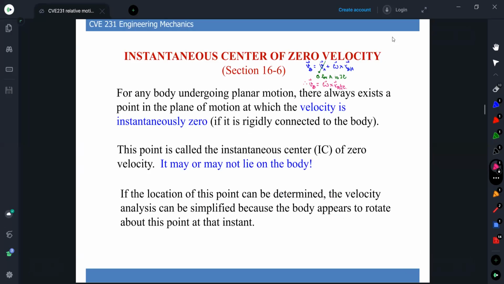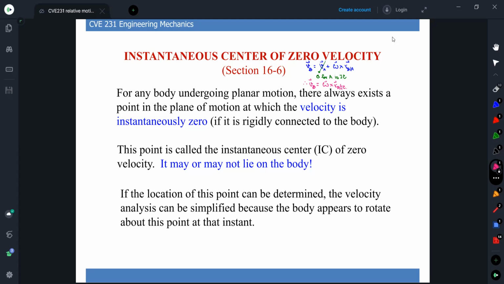For any body undergoing planar motion, there always exists a point in the plane of motion at which the velocity is instantaneously zero. This point is called the instantaneous center IC of zero velocity, and it may or may not lie on the body.